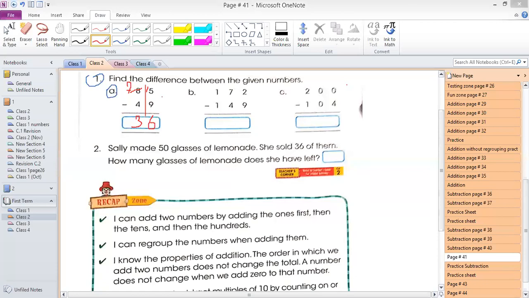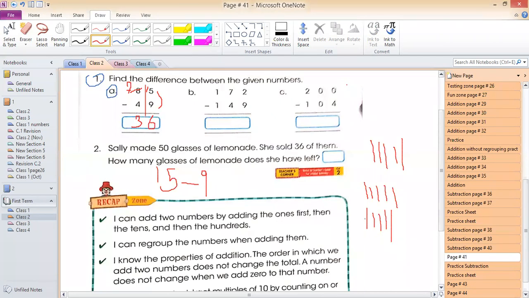I repeat, guys, you cannot subtract 9 from 5. This is 5 ones minus 9 ones. You cannot do it because 5 is smaller than 9. So 5 will go to 7 and ask for 1. It will become 15 now. 15 minus 9, draw 15 lines. 1, 2, 3, 4, 5, 6, 7, 8, 9, 10, 11, 12, 13, 14, and 15.